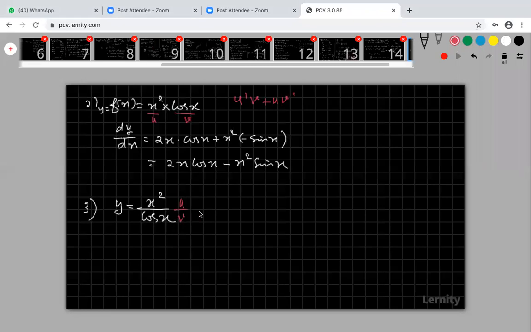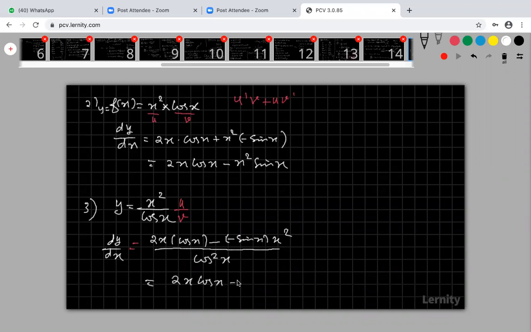This is my u, this is my v. So therefore, my dy by dx is nothing but, so u dash v, this is u dash v cos x minus v dash u. What is my v dash? V is cos x, differentiation of cos x is minus sin x, and u is x square, whole divided by v square, cos square x. So therefore this is 2x cos x, this is minus into minus plus x square sin x, whole divided by cos square x. So after that it is not possible to simplify.